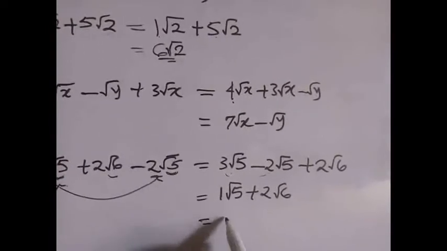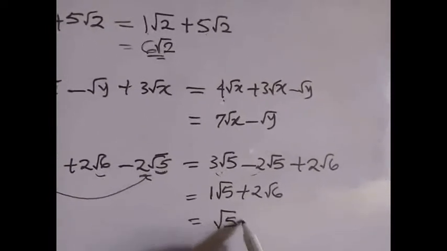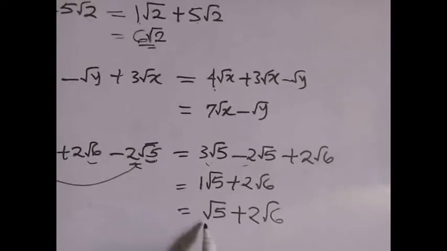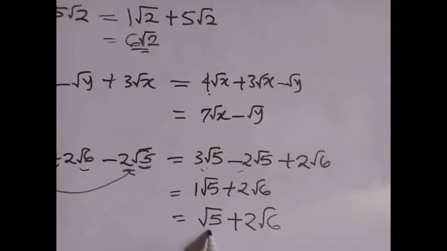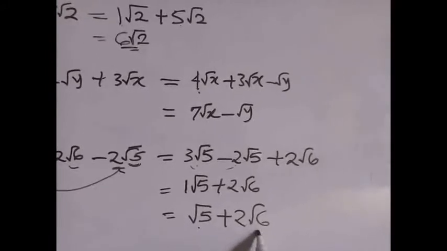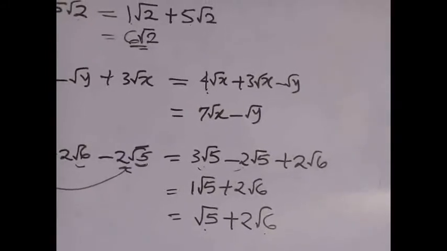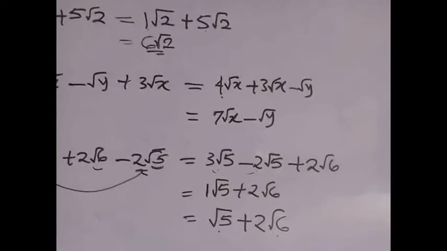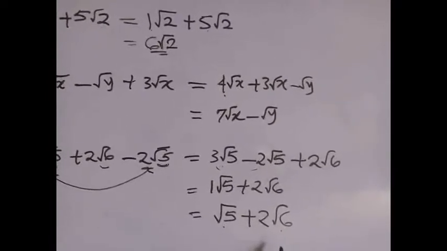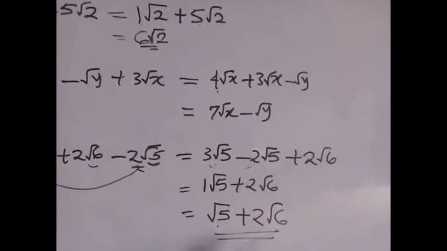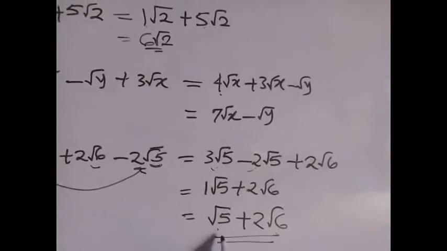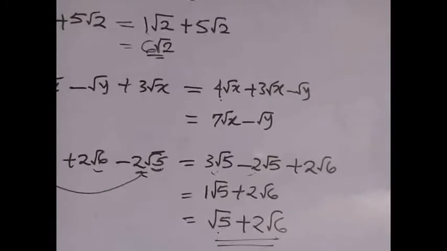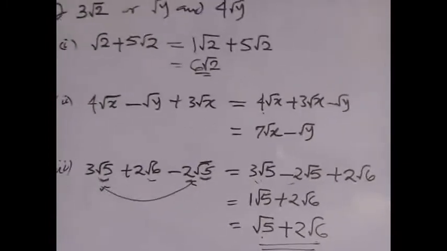Now root 5 and root 6 are irrational numbers which are not the same. So when we are solving a problem in surd and we come across something like this, this is our answer. We can't proceed again because we can't add root 5 and root 6 under the rule of addition or subtraction.